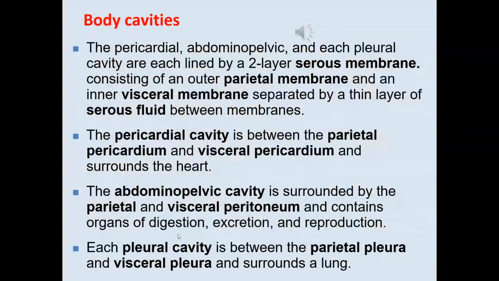The inner one is called the visceral peritoneum, the outer one is called the parietal peritoneum. The word viscera just means internal organs, so the inner one is called visceral because it's right up against the organs, the heart or lungs or the abdominal organs.